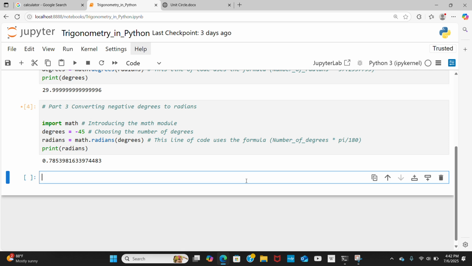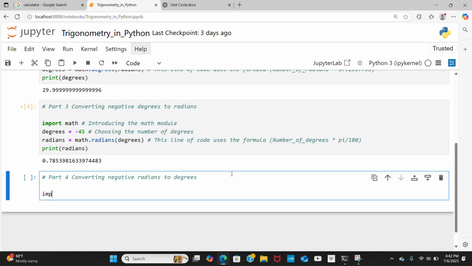So now we're going to do part 4. Converting negative radians to degrees. So we're going to import the math module.